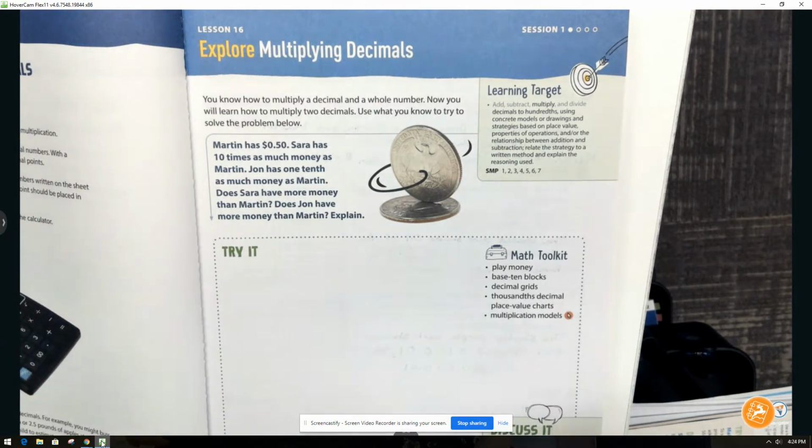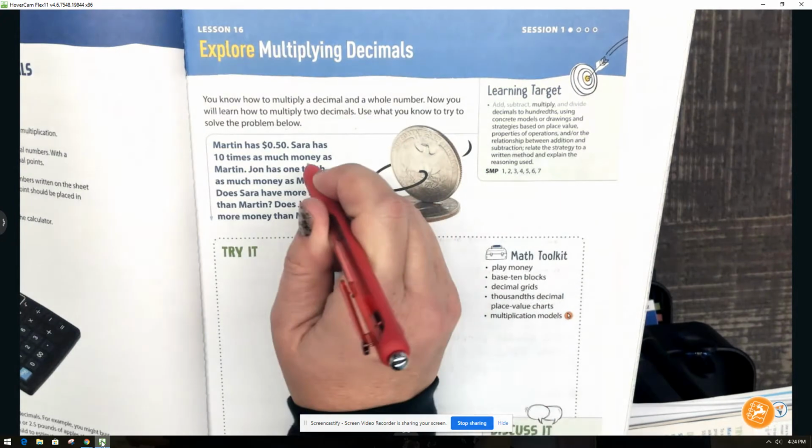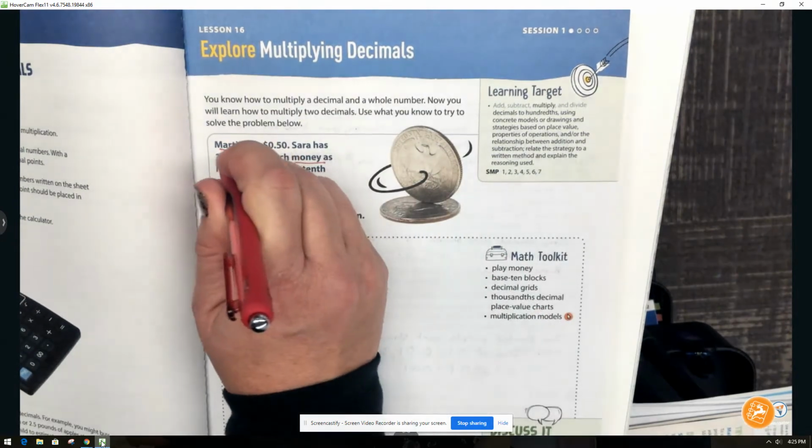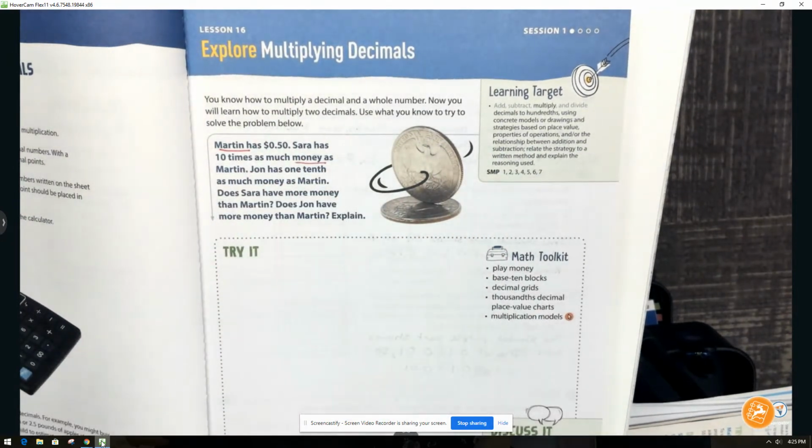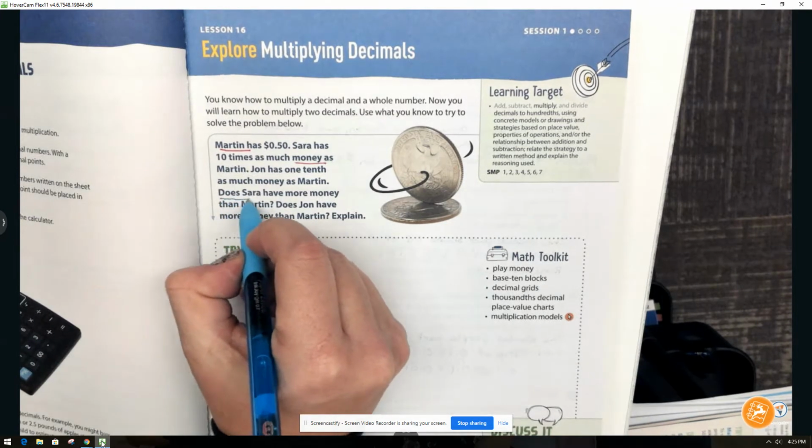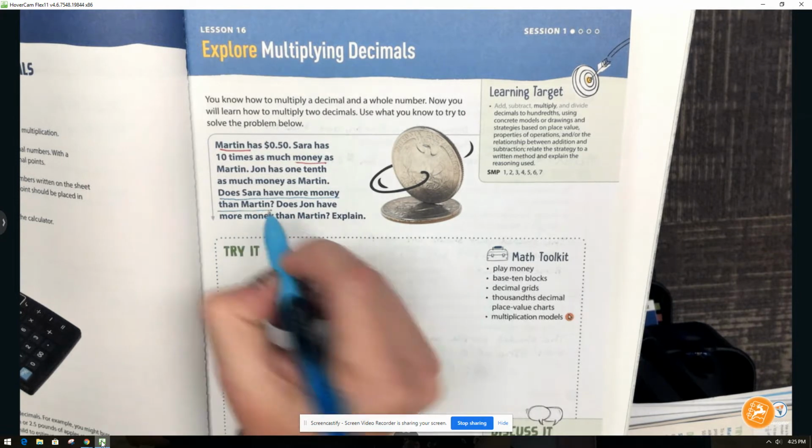So first of all, what is this talking about? We're talking about money that Martin has. And what is it that we need to know? This is interesting because this is the first time I think that we've come up to where we have two questions in this. We have two things we need to answer. First we need to answer, does Sarah have more money than Martin?